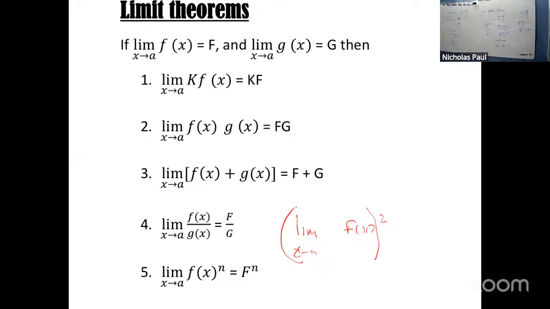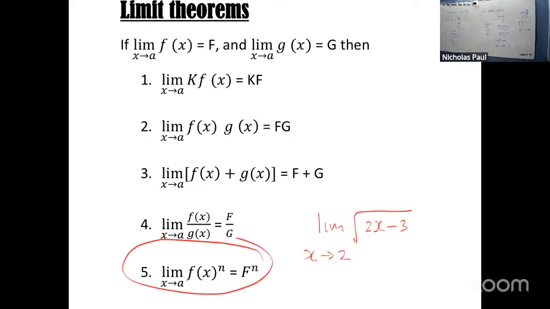Or if I give you something like this, the limit as x approaches 2 of the square root of x minus 3. I'm going to write a little bit neater. In order to simplify that, what rule number 5 is saying is that I can pull the square root outside.